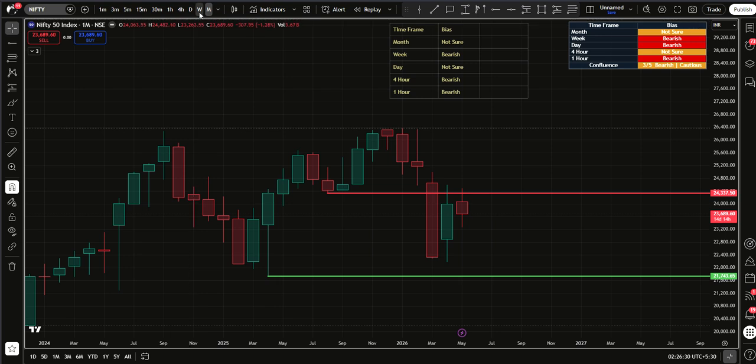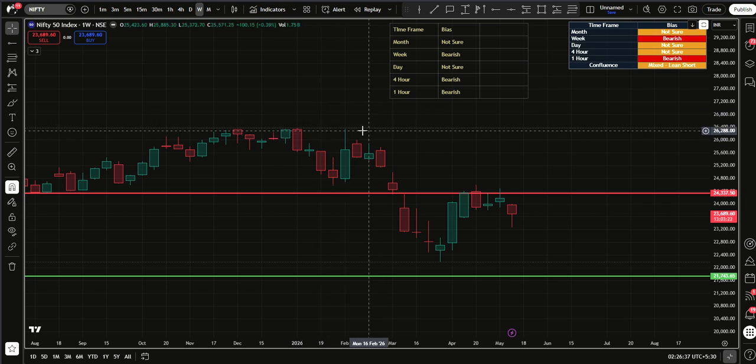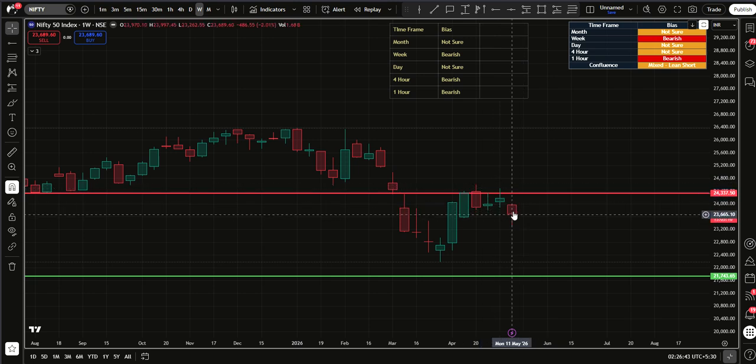Going over to the weekly time frame. On a weekly time frame, things are interesting. The bias is bearish because this is a swing high and this is a lower swing high. This is another one being formed. I can fix this as a swing low only if tomorrow's candle does not take this high or this high.